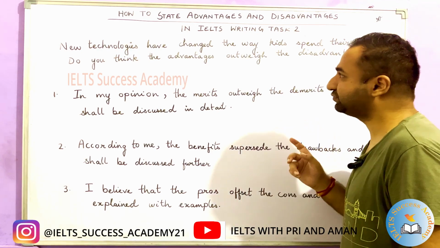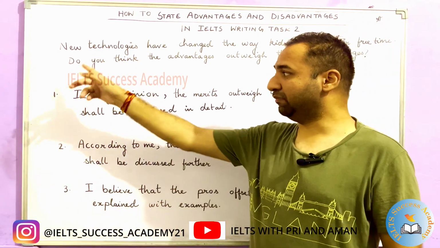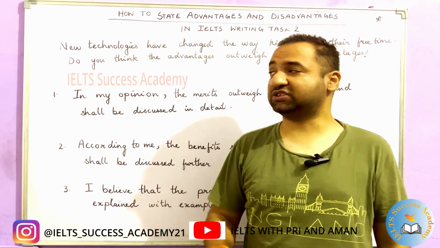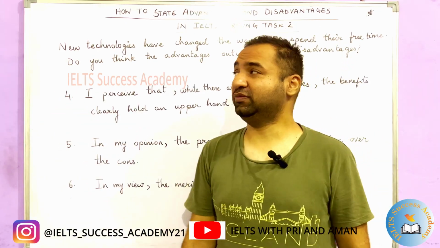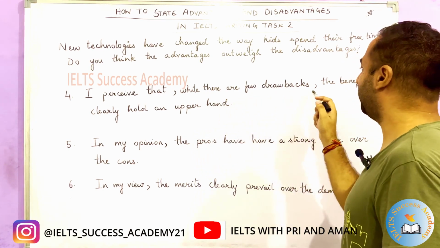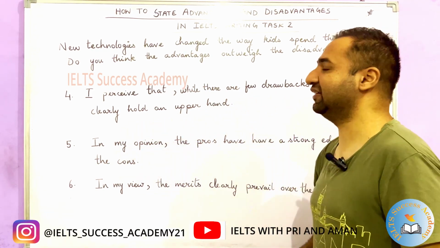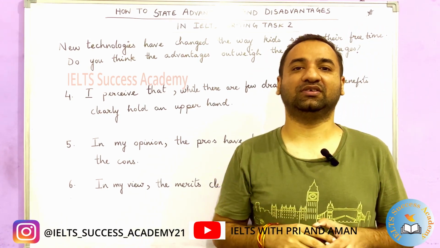Okay? So, again, as I have told you, before this, you have to write your general statement, paraphrase the question, and then write your opinion. So, the fourth way is, I perceive that while there are few drawbacks, the benefits clearly hold an upper hand. Upper hand means they are stronger.